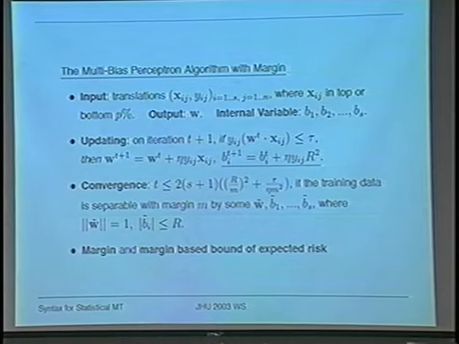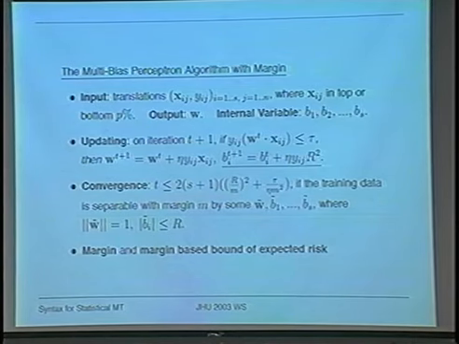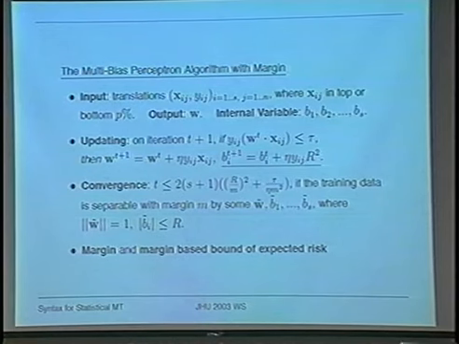This is hopefully the direction of the score metric, and then there is a set of internal variables, those biases for each Chinese sentence. And the updating is similar to the traditional perceptron algorithm. The only exception is that if we cannot successfully classify a sample, we update the bias. We only update the bias corresponding to these English translations.